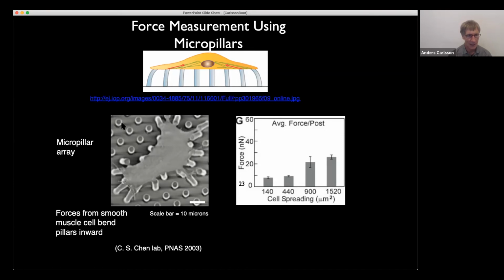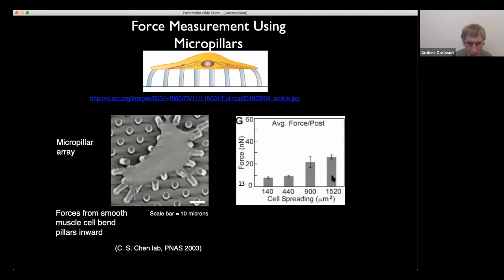You see that up here, the posts are pointing pretty much straight up. But now around the cell, they are being bent toward the middle a little bit. And it's the extent of this bending that you measure. And here they found each post had a force in the several nanonewtons or more.